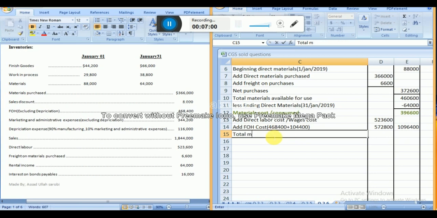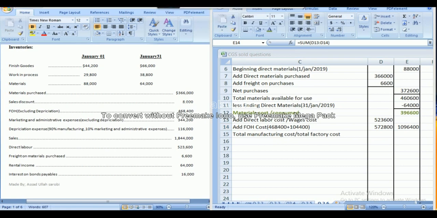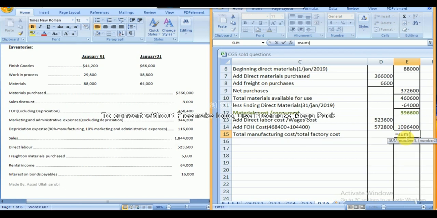Total manufacturing cost. This is also called total factory cost. Clear? Look at how much now. So we will add these three costs: material cost, labor cost and FOH cost. So that will be equal to this plus this.